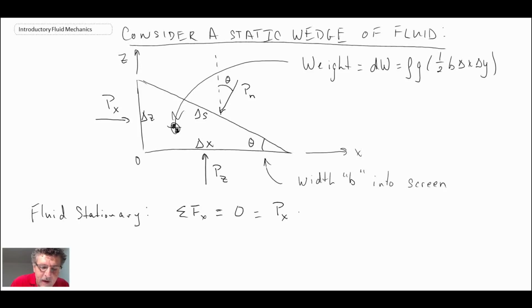The area of the surface that Px acts on is delta Z times B. Then we have to subtract off the component of pressure in this direction from Pn. Using trigonometry, we know that Pn sine theta gives us the component in the X direction, multiplied by the size of the surface, which is delta S times B.